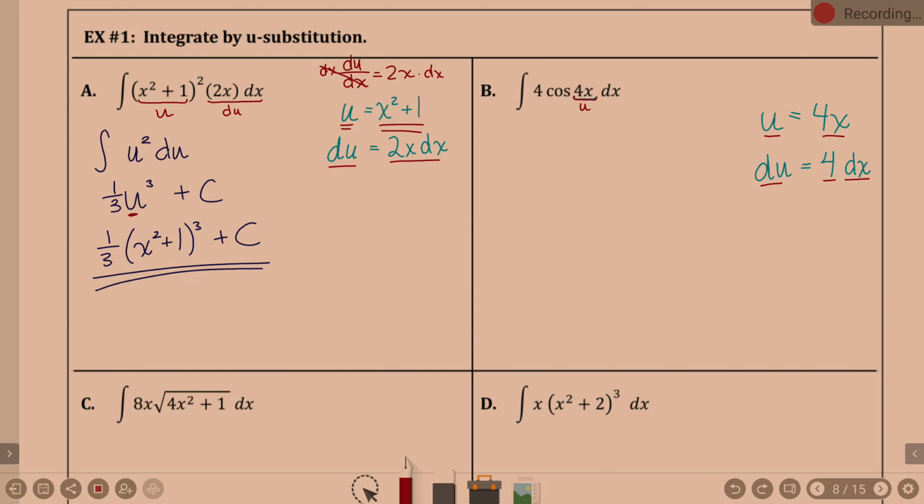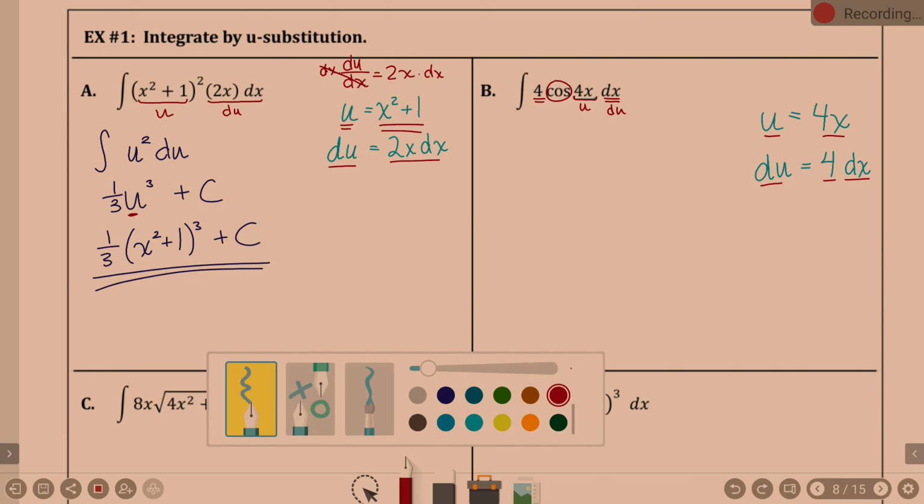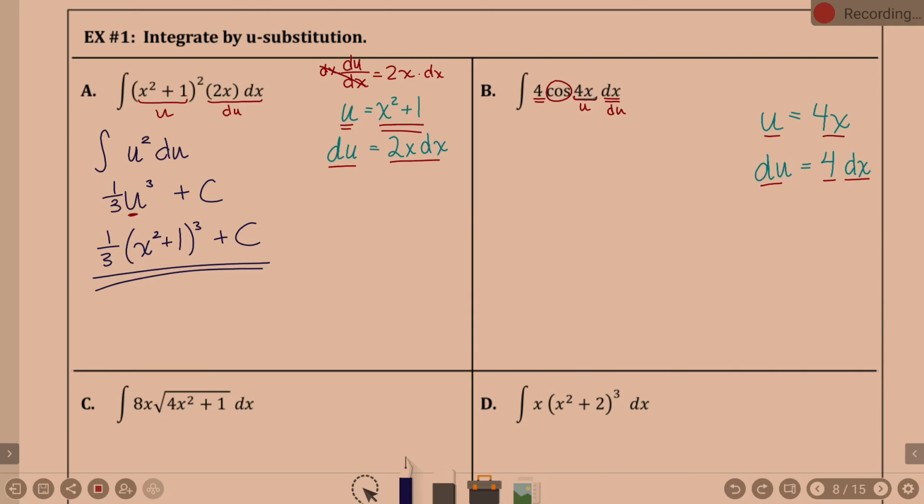Do I have that? Yes, 4 dx is going to be du. And the cosine is just part of the function, like last time when it was raised to the second power. So let's rewrite this. This is the integral of cosine of u du.